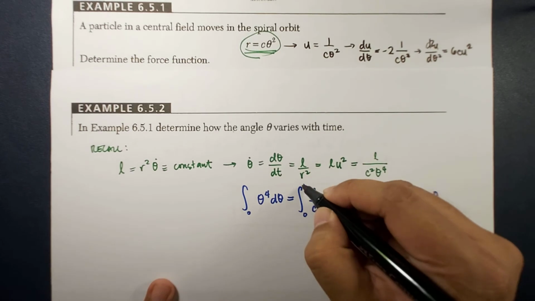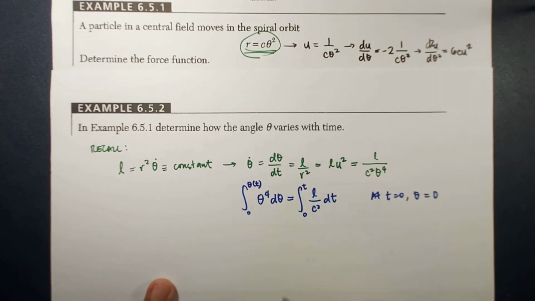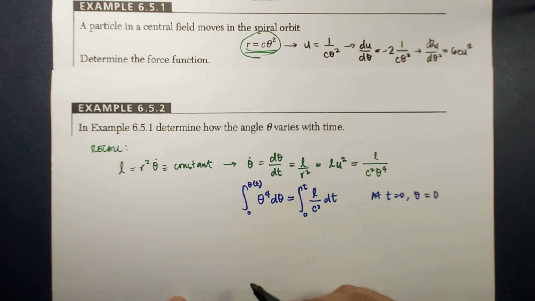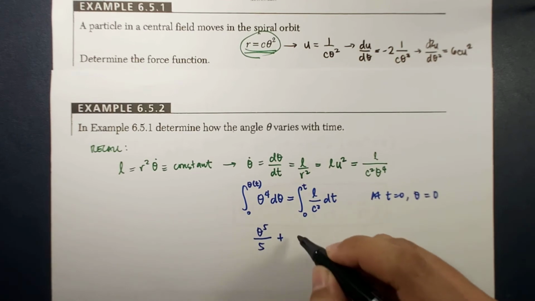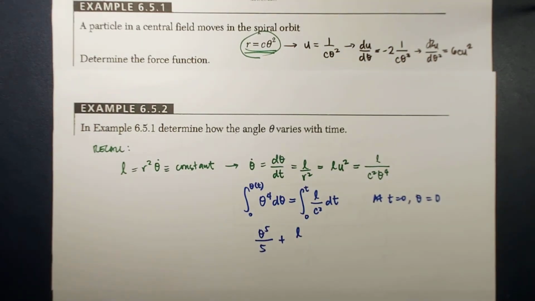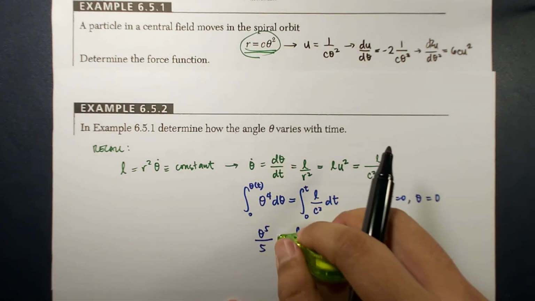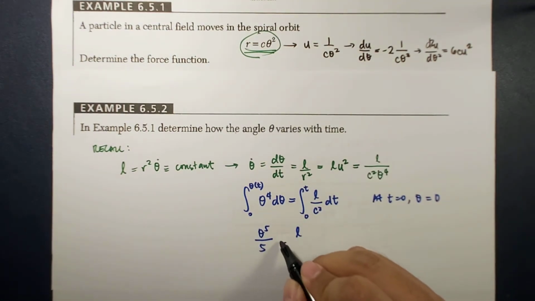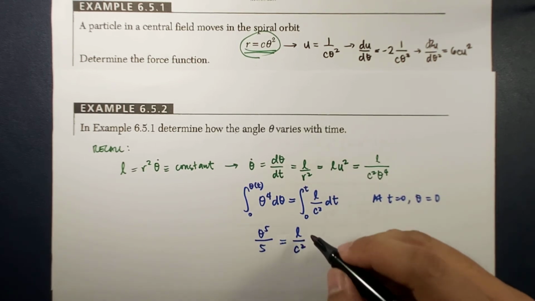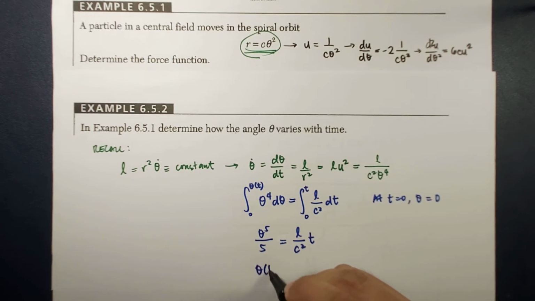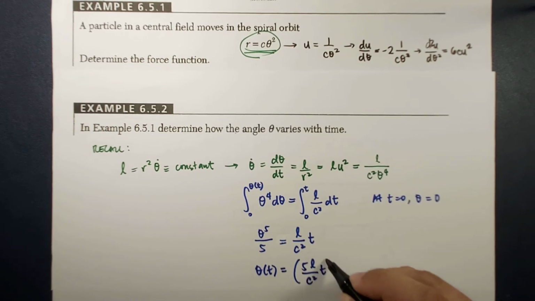And then at a later time t, your position is at theta of t. So solving this equation, we have theta to the fifth over 5 equals l over c squared t, or theta as a function of time is now equal to 5l over c squared t to the 1/5.